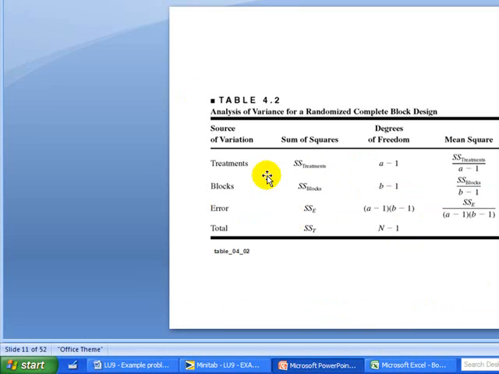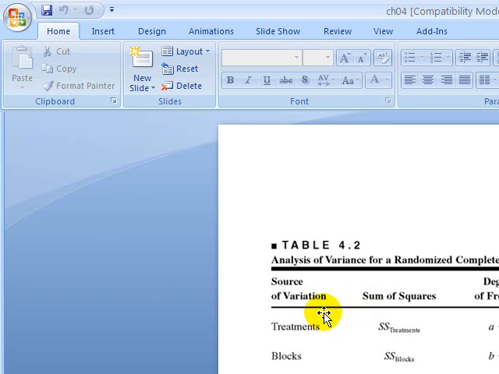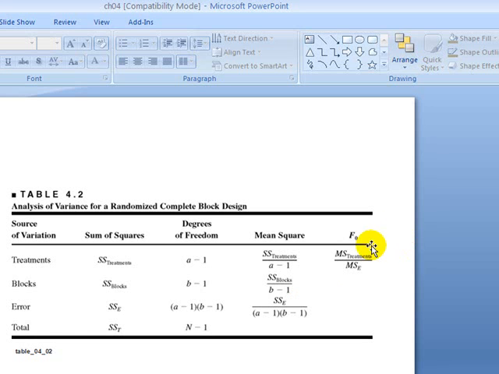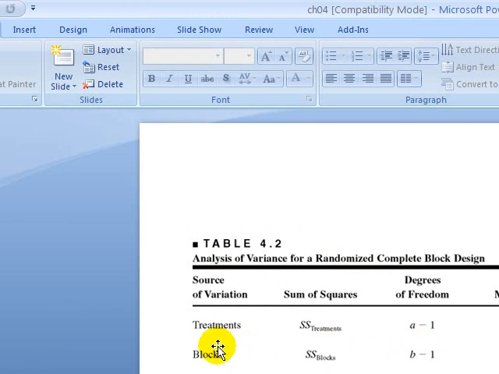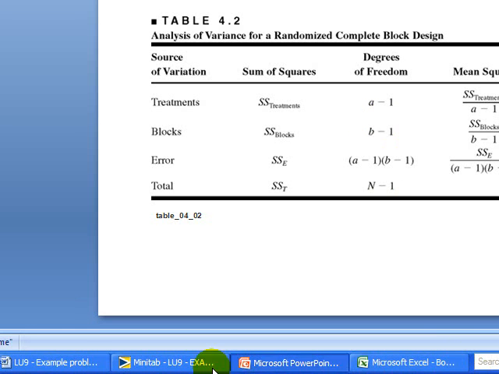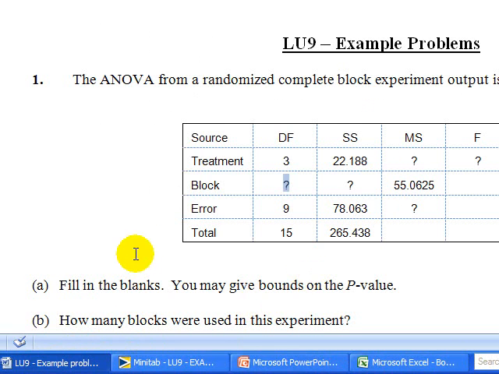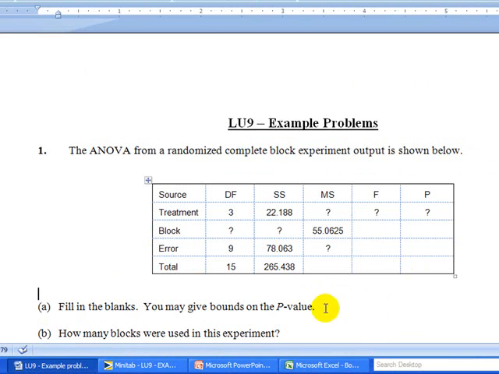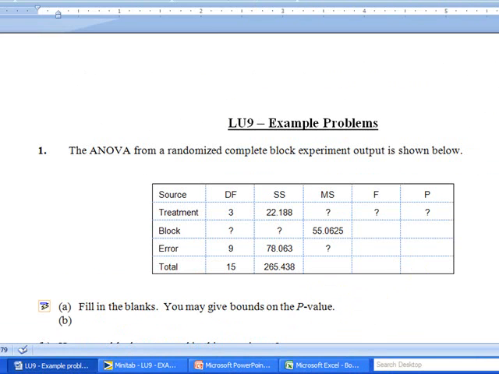So if you go to table 4.2 in the book, all the formulas are given in that table. For example, treatments degrees of freedom is a minus 1. So we will basically calculate the values.